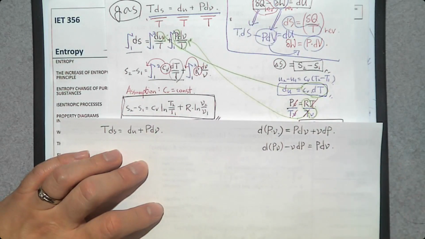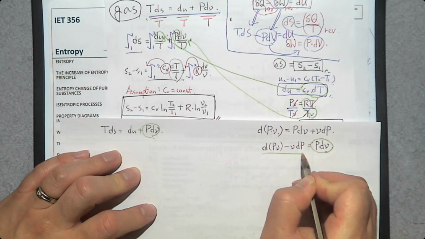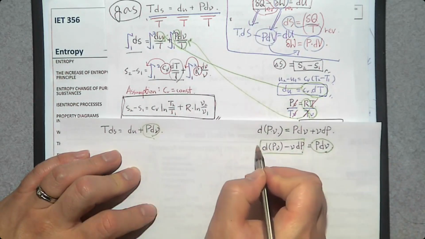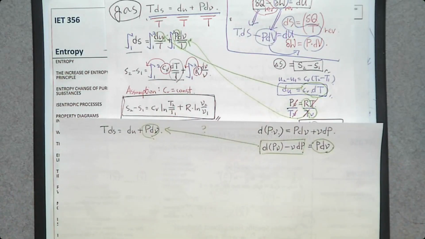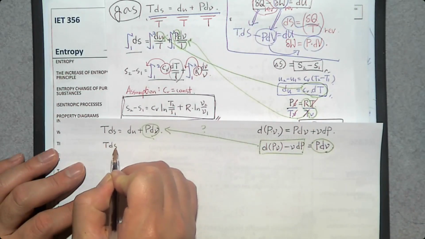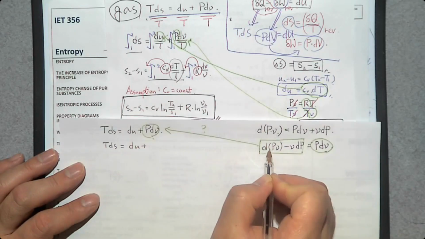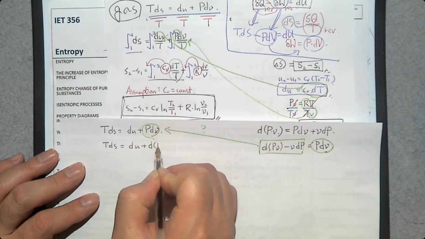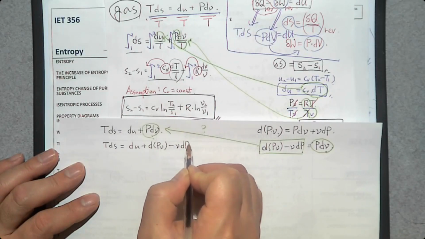Wait. Now we have a PdV. Can we replace this one with this? Yeah, we can do that. Then this TdS relation becomes TdS is going to be dU plus d of PV minus VdP.